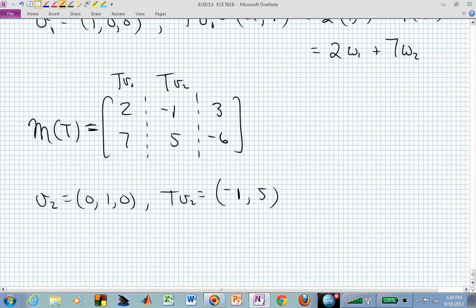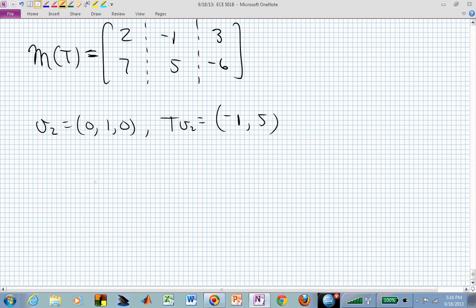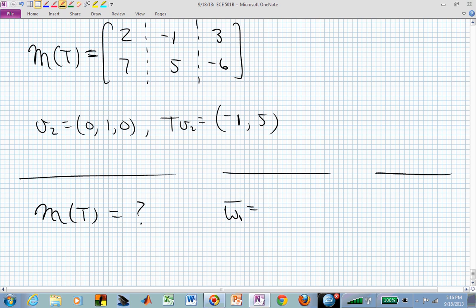Now here's the kicker, and I'll leave this for you to figure out on your own. What would M of T equal if we changed our basis vectors in W? What if W1 bar was not the standard basis, but was, let's say, (1, 1), and W sub 2 bar was actually, let's say, (-1, 1)?